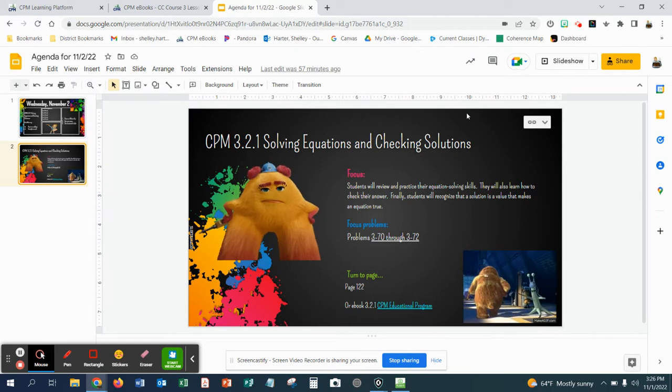3.2.1, solving equations and checking solutions. So CPM 3.2.1. Write this down.